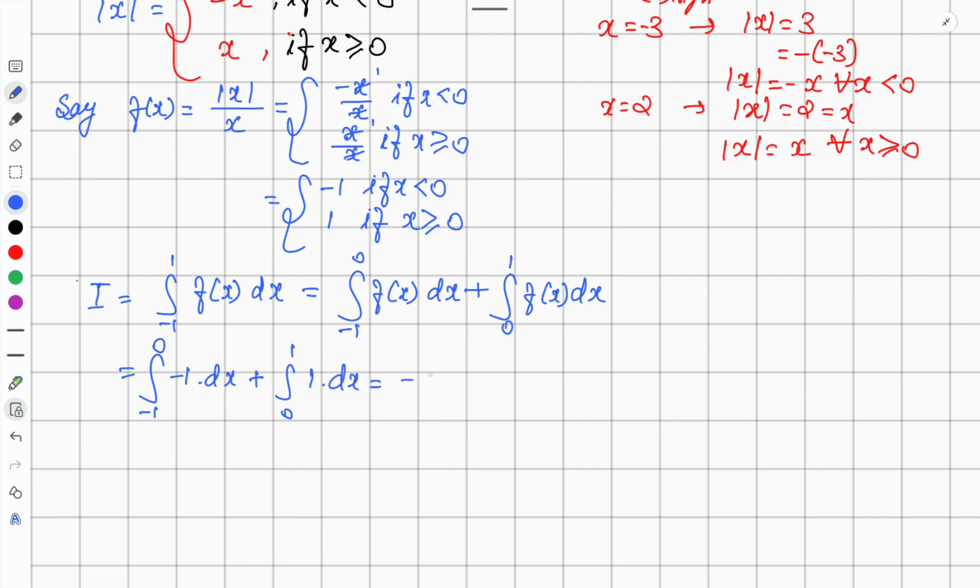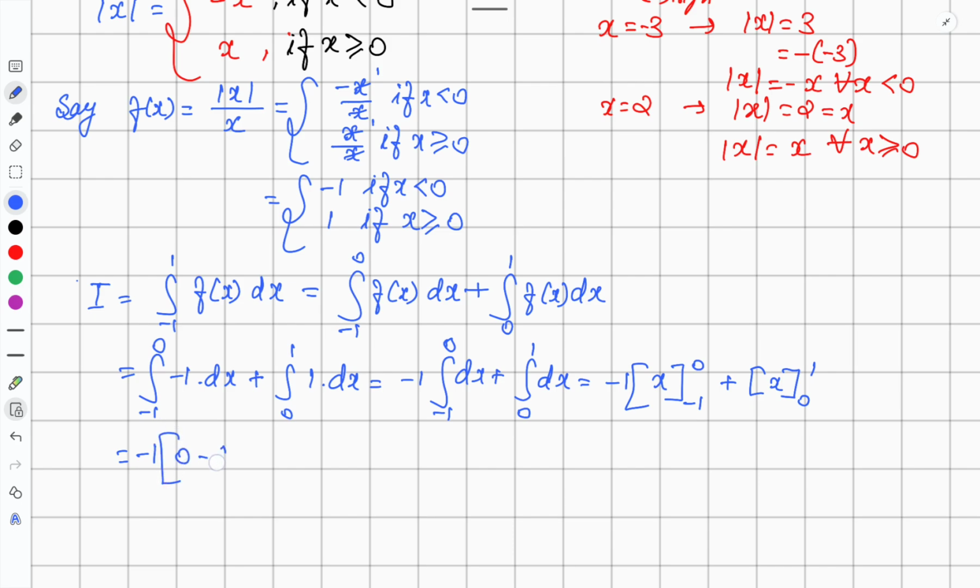Let's take the constant out: minus the integral from minus 1 to 0 of dx plus the integral from 0 to 1 of dx. So this will be equal to minus 1, integration of dx gives us x, lower limit minus 1, upper limit 0, plus again x with lower limit 0 and upper limit 1.